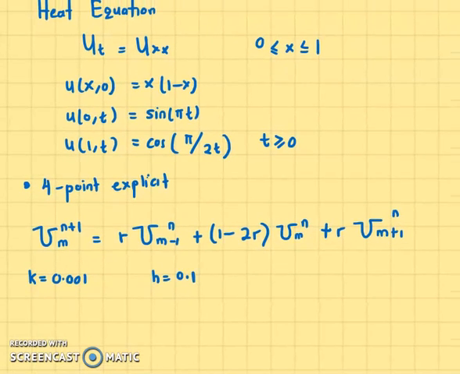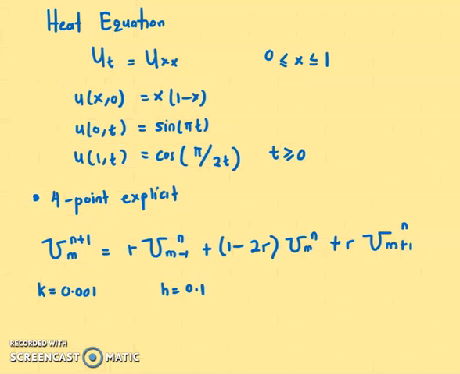Now the first thing we want to do is find r. So r equals k over h squared, which is 0.001 divided by 0.1 squared. This will give me 0.1.